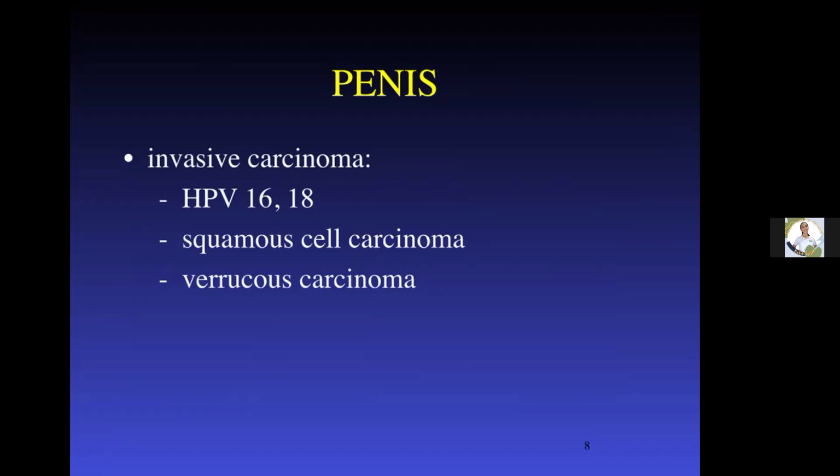Carcinomas are usually found in patients between the ages of 40 and 70 years. You have also a verrucous carcinoma, which is an exophytic, well-differentiated variant of squamous cell carcinoma that is locally invasive, but rarely metastasizes. So your verrucous carcinoma is also a squamous cell carcinoma, but a well-differentiated type.